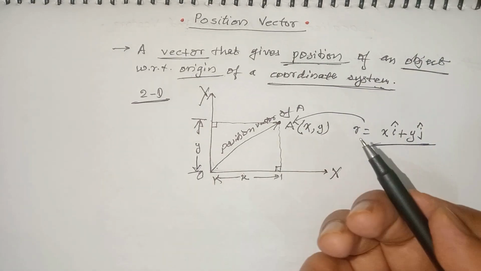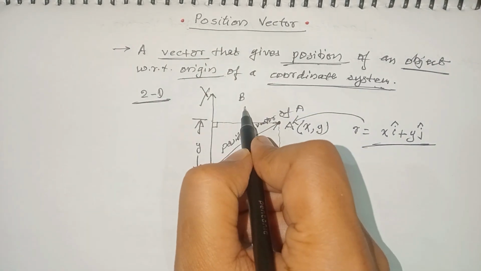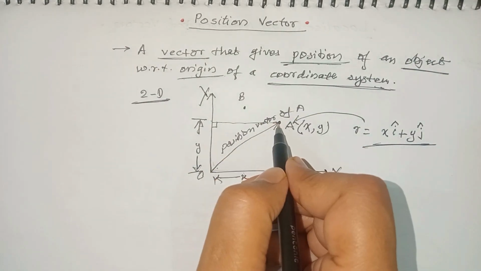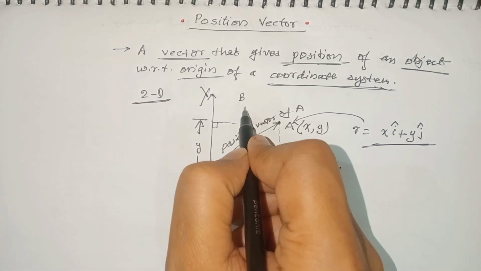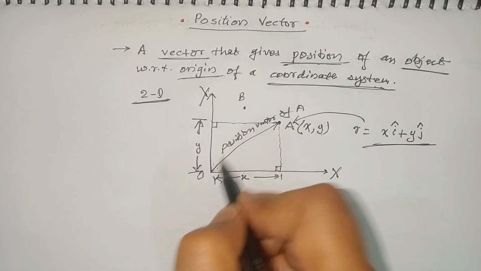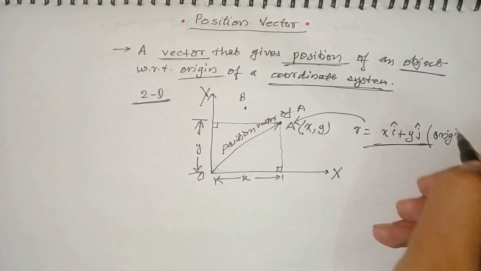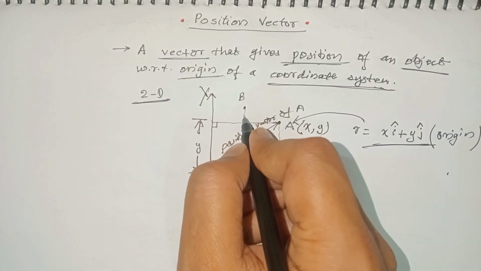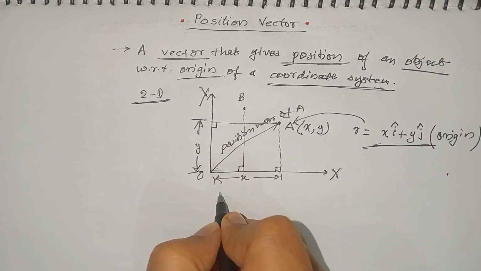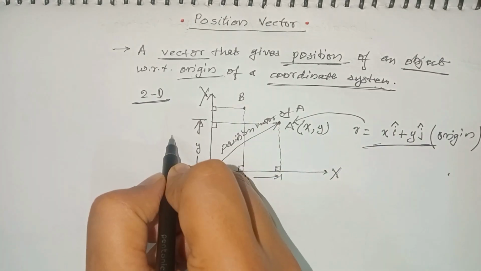Some questions may be asked. Suppose this is a point B given, and it can be asked what is the position vector of point A with respect to point B, not with the origin but with B. This is with respect to origin. Okay, and if point B is here, draw a perpendicular, let it be x1 at this point, and here let it be y1.